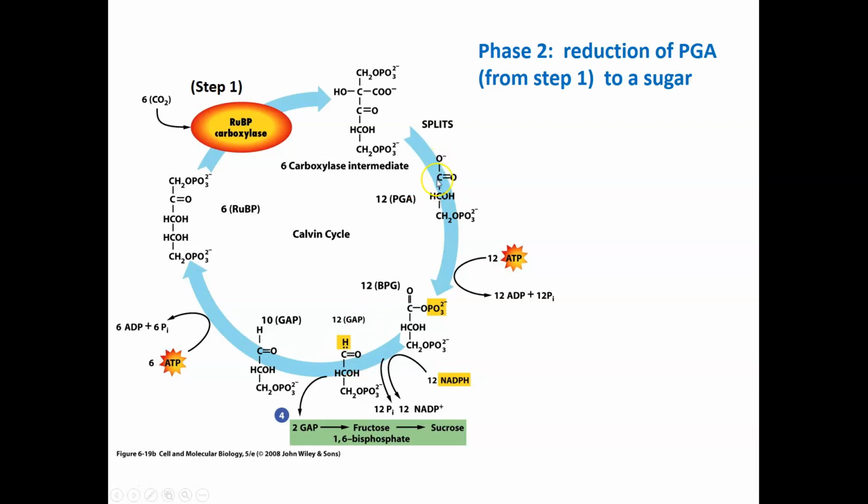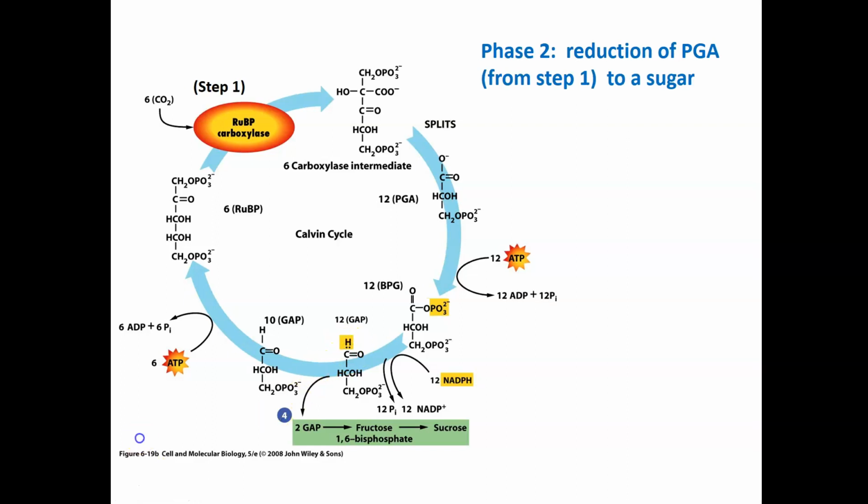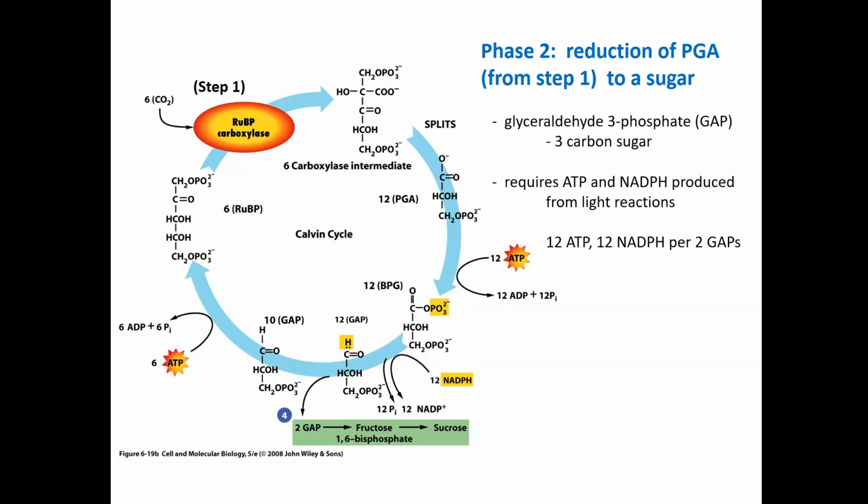When the carbon is a part of the molecule here, those oxygens are really dominating the electrons, and so carbon here is kind of electron poor, whereas as a part of the glyceraldehyde 3-phosphate, the carbon here is able to really garner the electrons. So again, what we've done is we have made glyceraldehyde 3-phosphate, which is going to require an input of ATP and NADPH, which was already synthesized earlier in the light reactions.